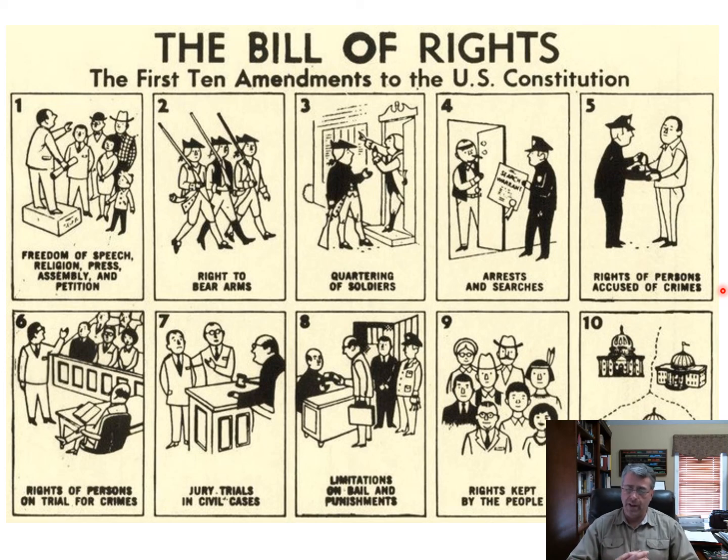Other people have argued that this is a weakness of the Constitution. The fact that the Constitution did not specify things early on led to a lot of the social and political turmoil that the nation has experienced over the course of its existence.